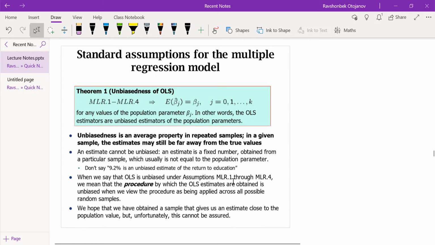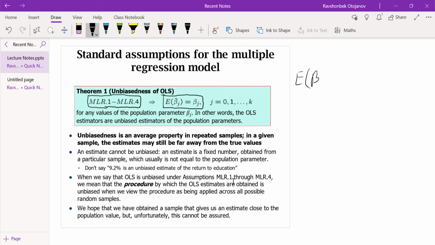Now, this is a culmination in our discussion here. Assumptions 1 through 4 taken together allow us to state that the expected value of beta j hat is equal to beta j, or OLS estimated beta j hat is the unbiased estimator of the population parameter.